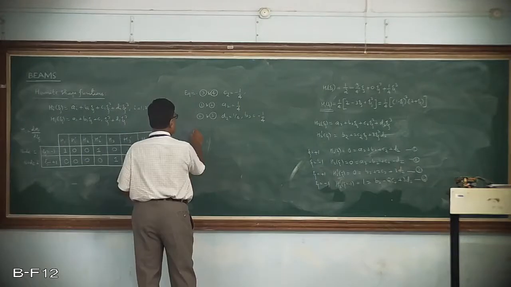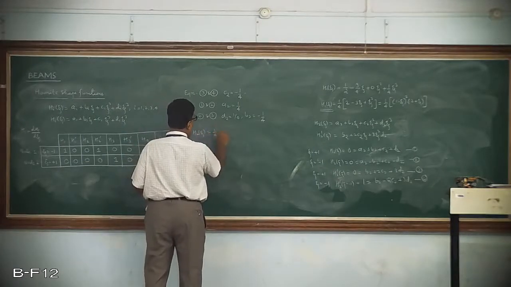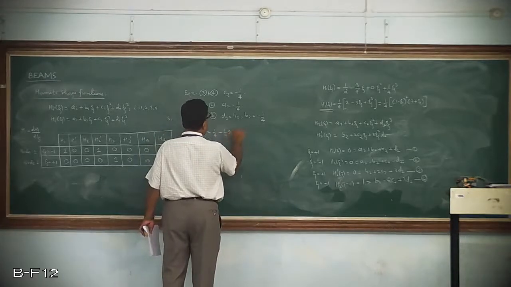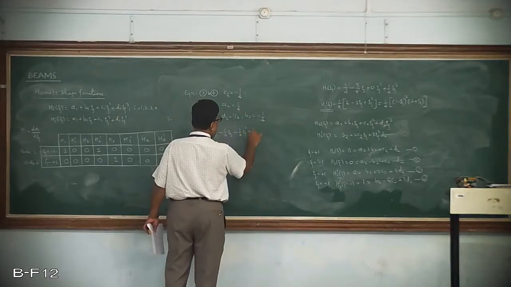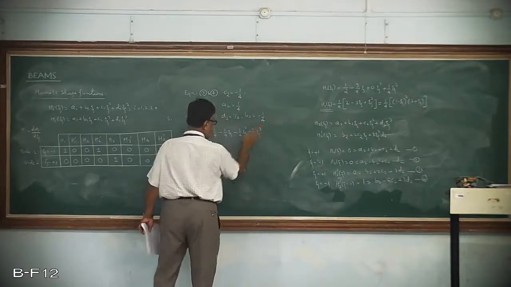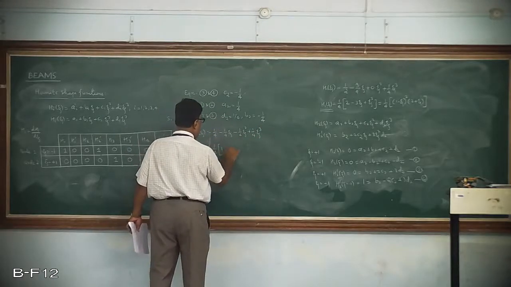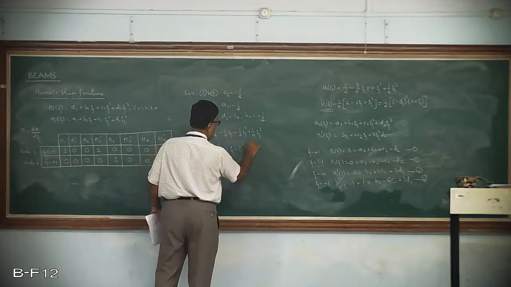So let us see what that H2 is now. A2 is 1 by 4 plus B2 minus 1 by 4 zeta, C2 is again minus 1 by 4 zeta square plus 1 by 4 zeta cube. See here all are going to be 1 by 4. So I will take it as 1 minus zeta minus zeta square plus zeta cube.